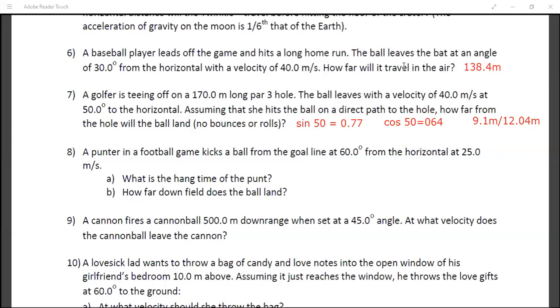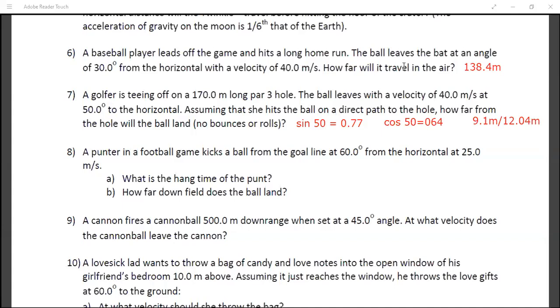So t is equal to 61.65 upon 9.8, which gives t equal to 2.21 seconds.